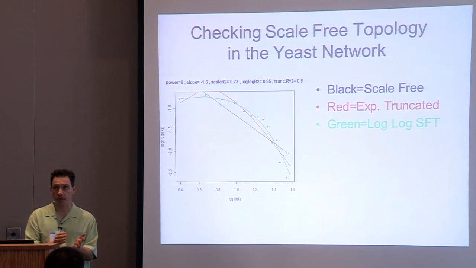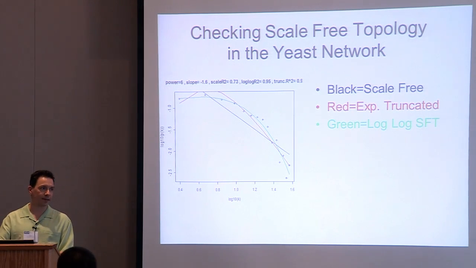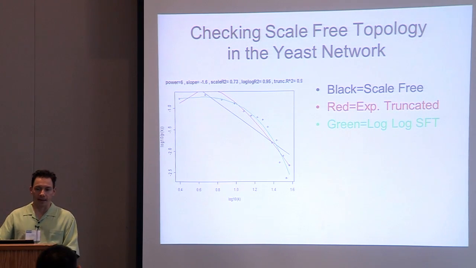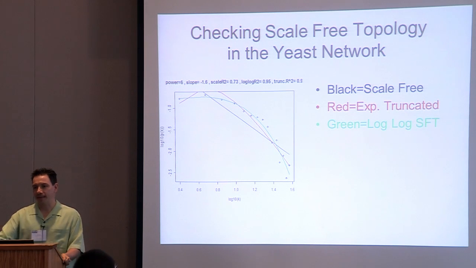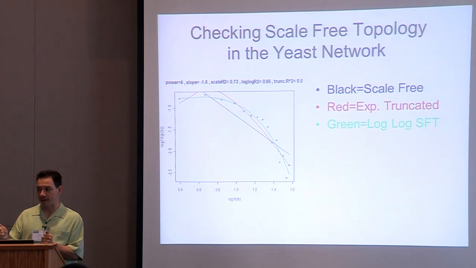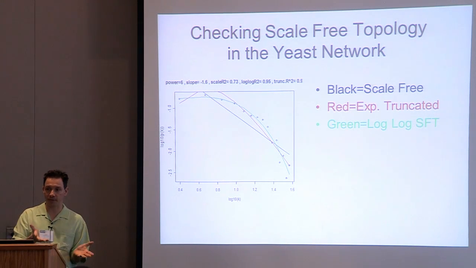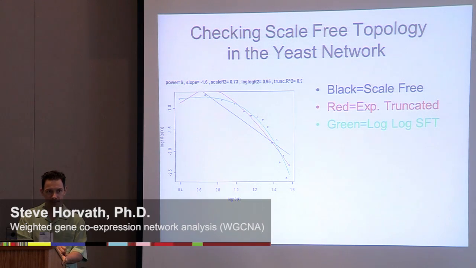But if you choose a threshold of 20, then yes, it satisfies scale-free topology. And therefore, instead of writing a paper saying my liver expression network satisfies scale-free topology, we don't make this claim. We rather are honest about it and tell the reviewer we choose the power so that the network will satisfy scale-free topology approximately. Do you see? That's the idea of the scale-free topology criterion.